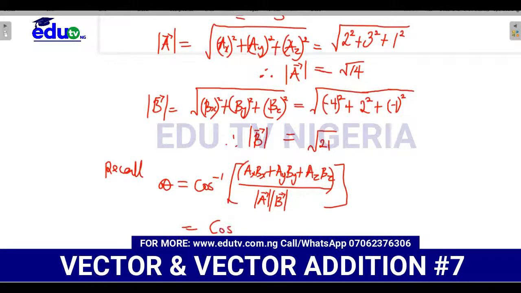What did we obtain for ax bx plus ay by plus az bz? We got minus 3 for that. Let's put it in this formula: minus 3 all over the magnitude of vector A, that is the square root of 14, and the magnitude of vector B, the square root of 21.